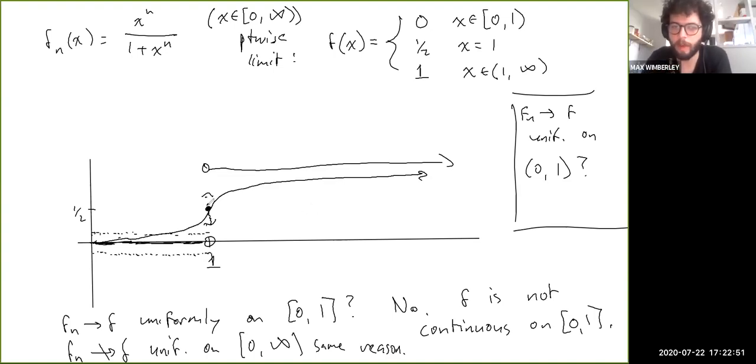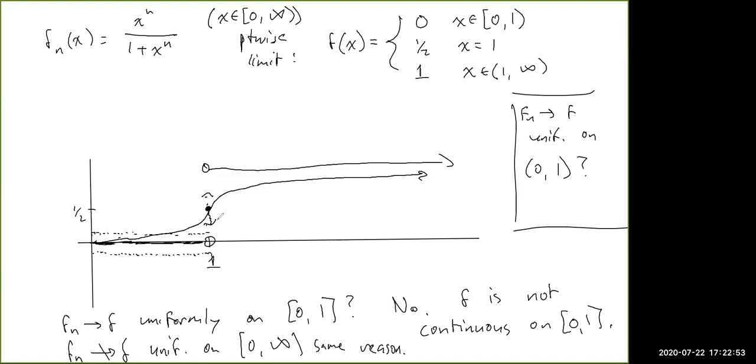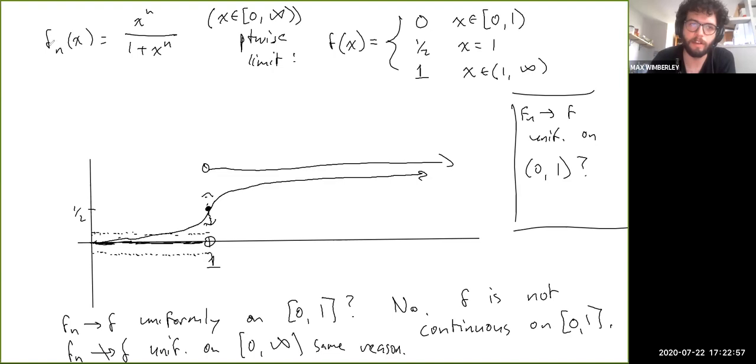In fact, a way of thinking about why that's true is, even if it's hard to analyze the values of fn directly, we always know that fn of 1 always equals 1/2.